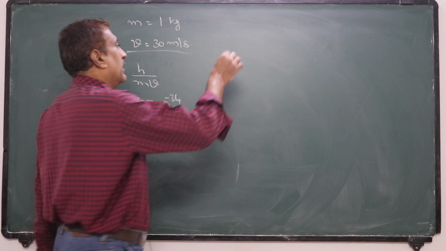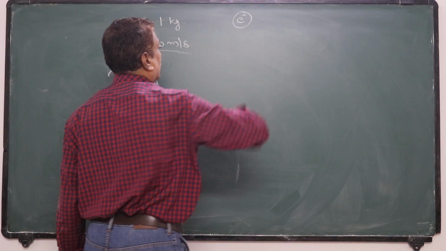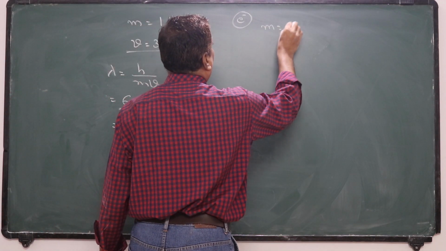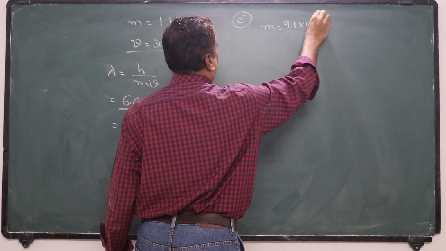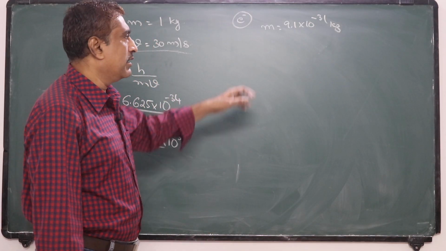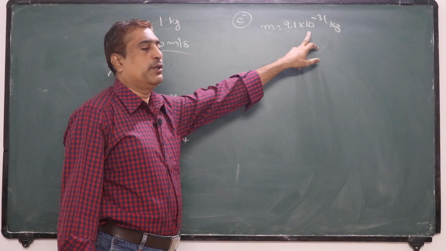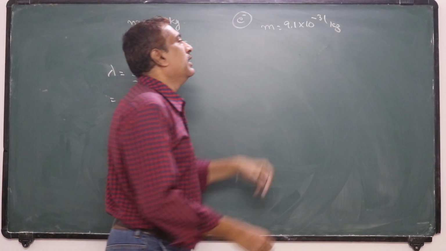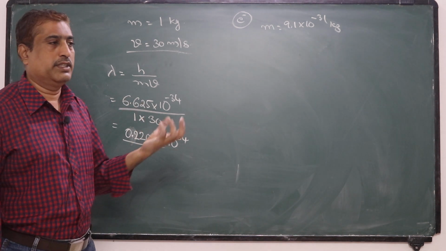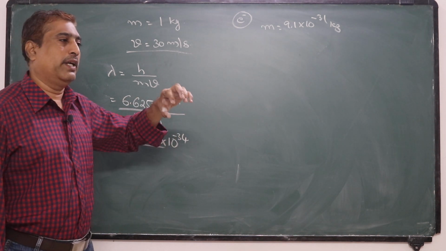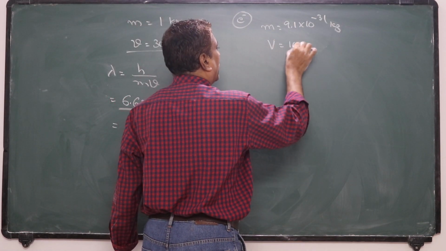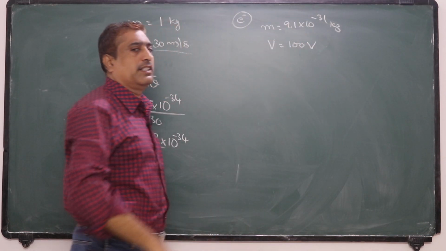Now we consider an electron of mass 9.1 into 10 to the power minus 31 kg. An electron can be accelerated, that is, its velocity can be increased by applying a positive potential. Assume a positive potential of 100 volt is applied to accelerate this electron.